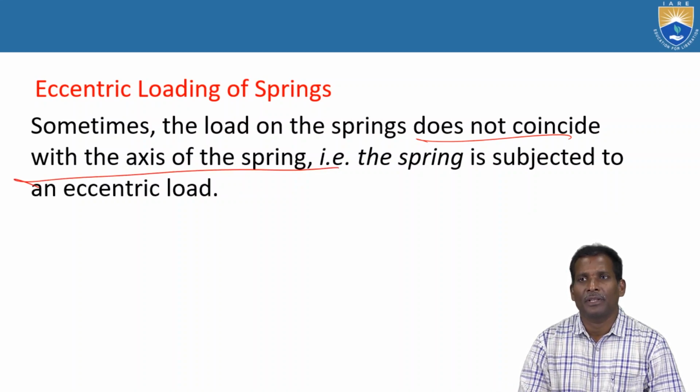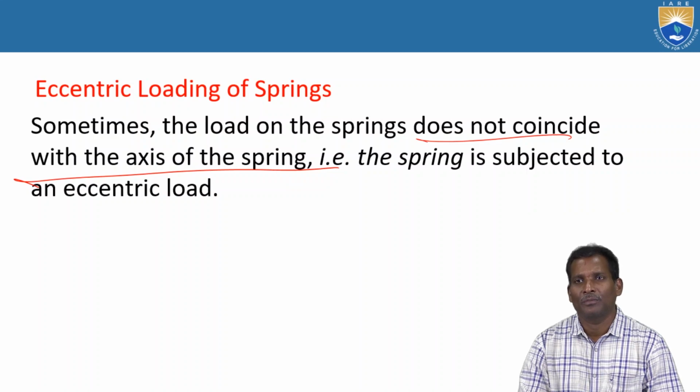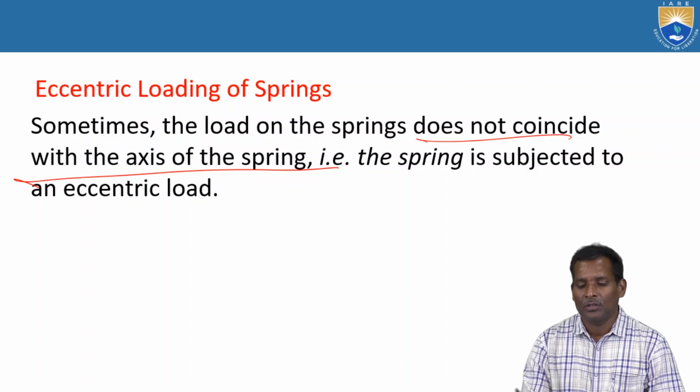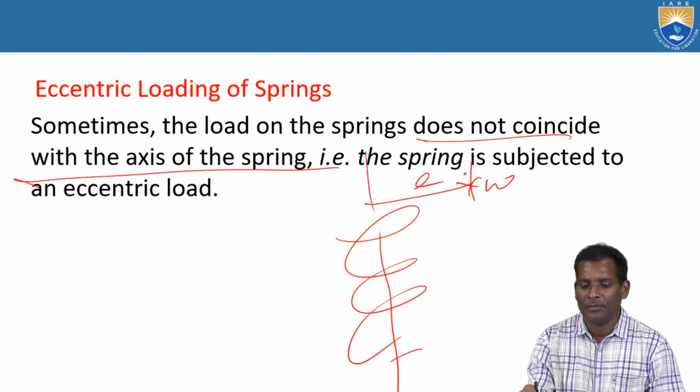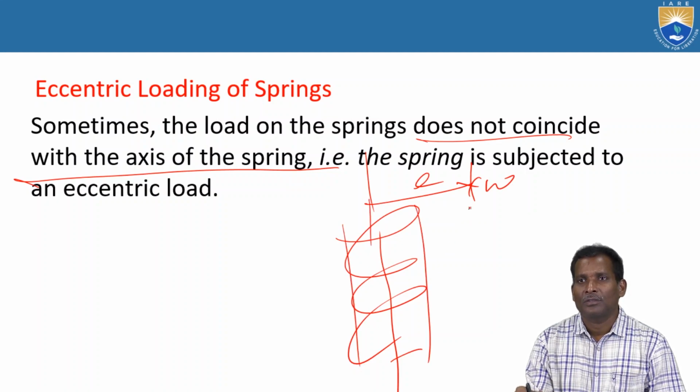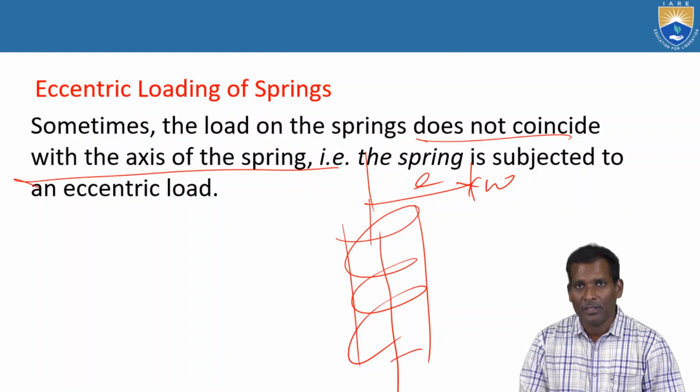So it means the spring is subject to an eccentric load. So the load acting along the center axis is here, and the load acting here is with eccentricity. This type of loading is called eccentric loading, and the spring is said to be eccentrically loaded.